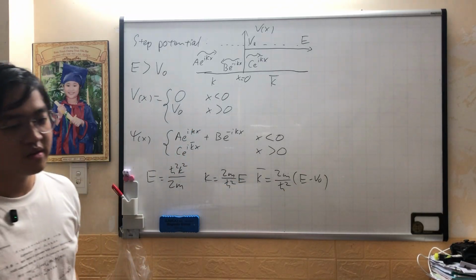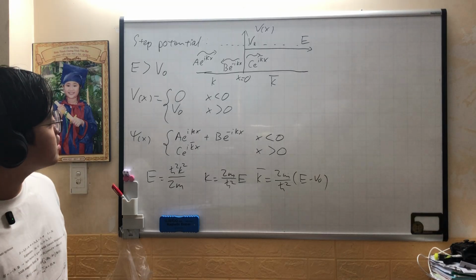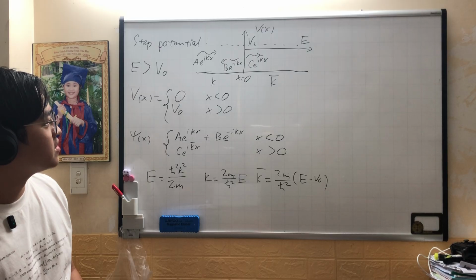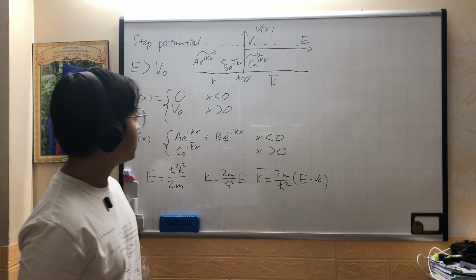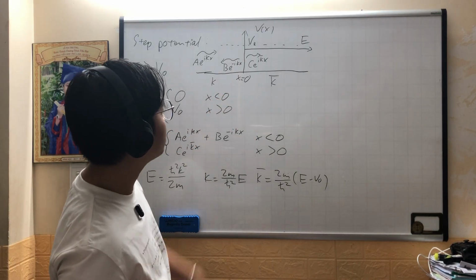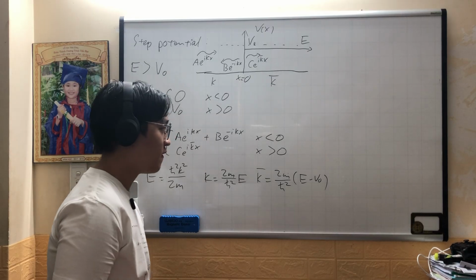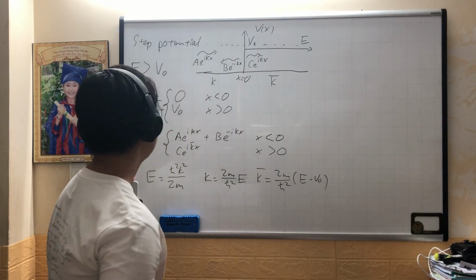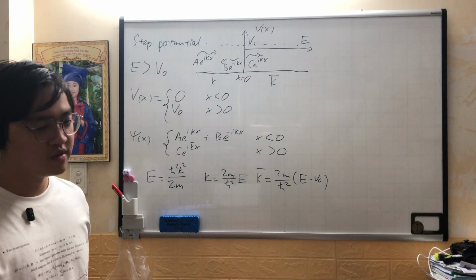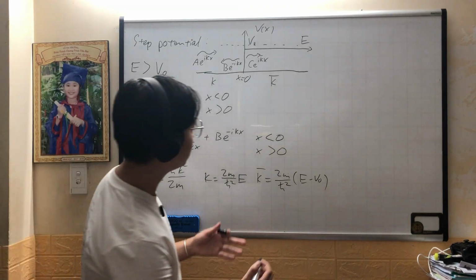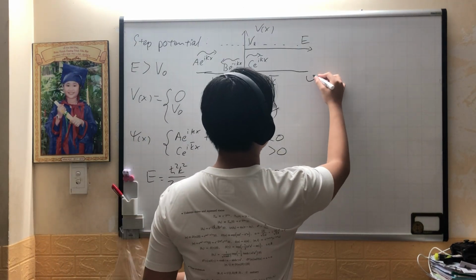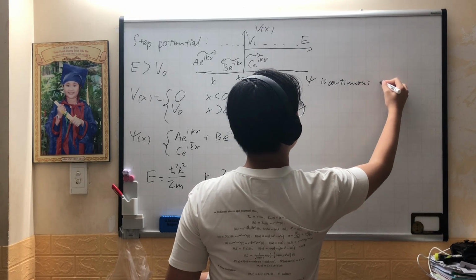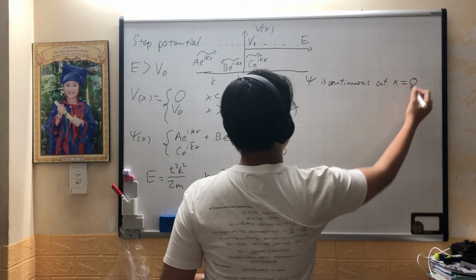Alright. Next, we would take a look at the conditions for this to be satisfied. We got our point x equals 0 here, so we have to demand that psi is continuous at x equals 0.